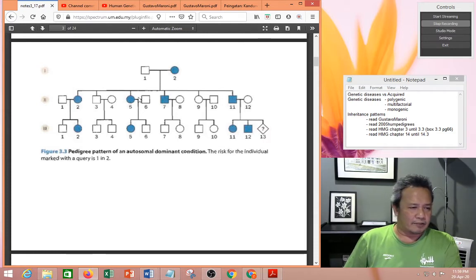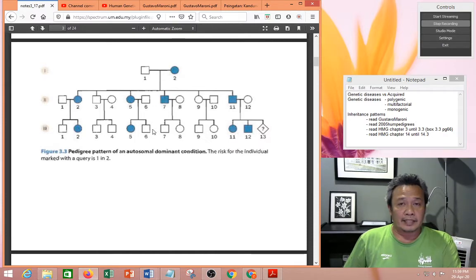And every affected individual has one affected parent, so that's autosomal. These are the things that you look for, but it's not confirmed. Can it be X-linked? I said cannot, because if that person is X-linked, this can never hold true.